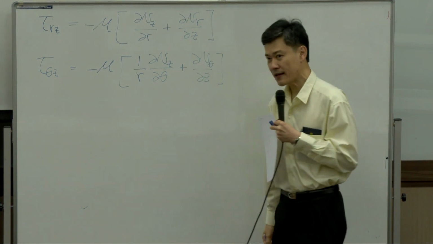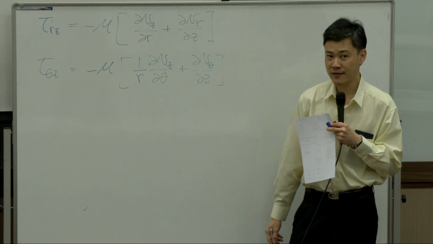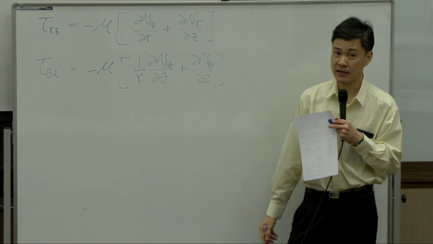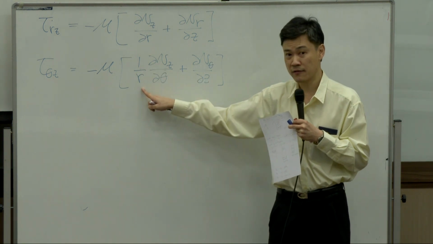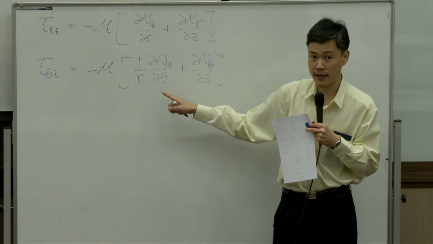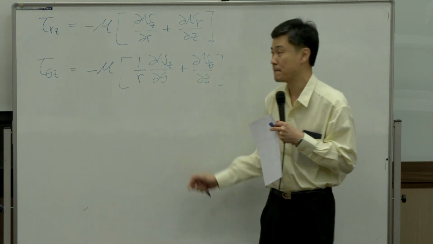Now you should notice that in cylindrical coordinates, it's not exactly the same as in rectangular coordinates. Now you see 1 over r over here. That follows cylindrical coordinates. All right?